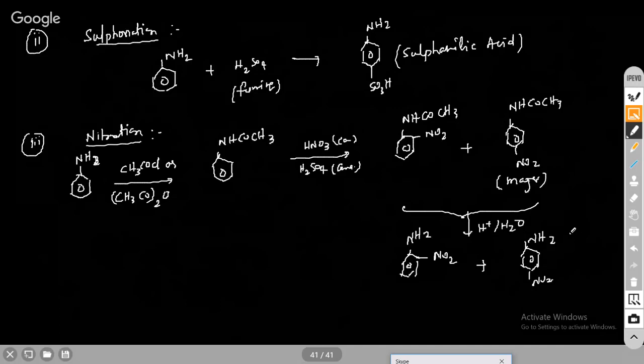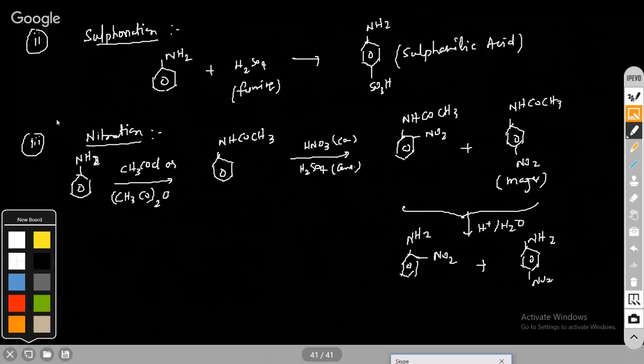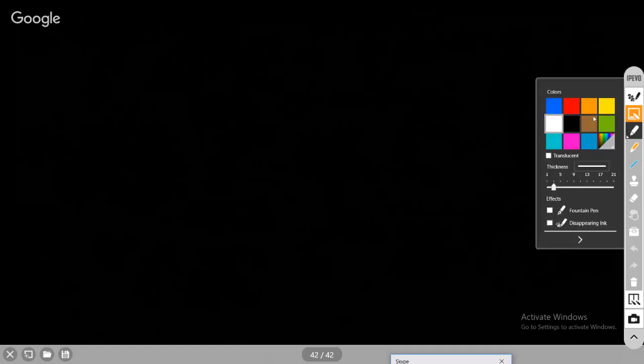Next, write down basicity of aniline. See, aniline is a benzene ring with NH2.